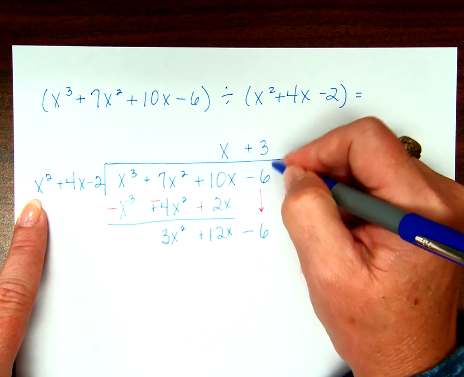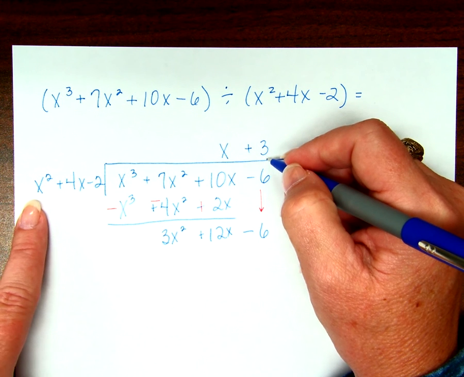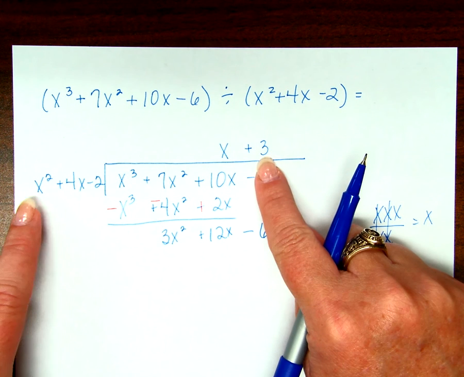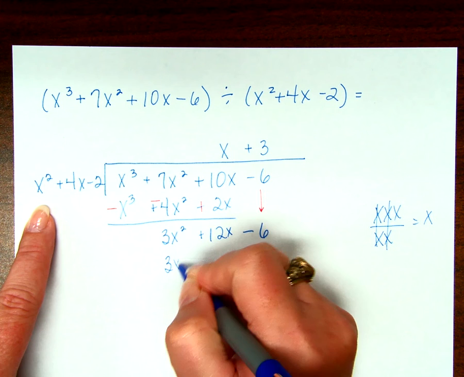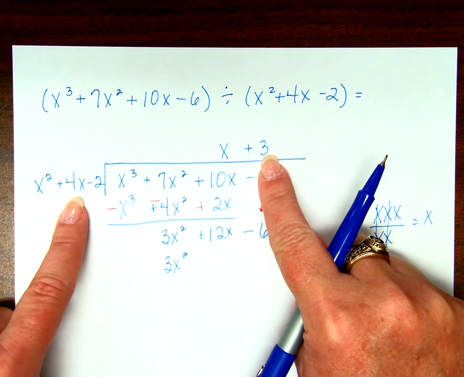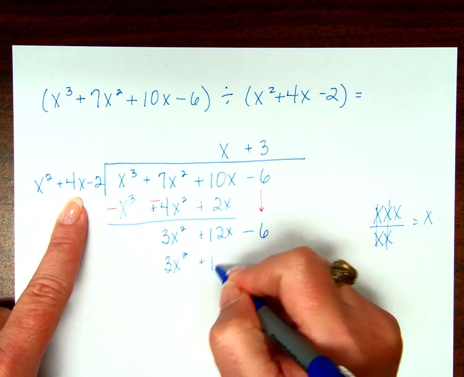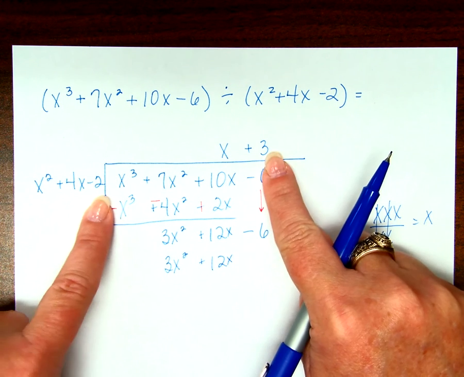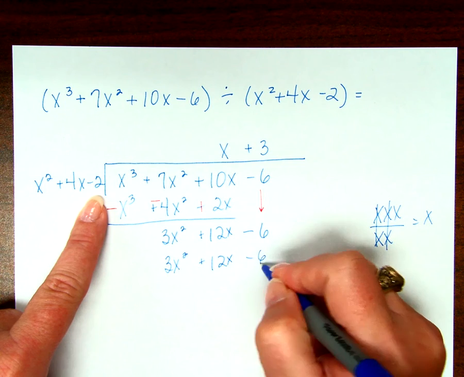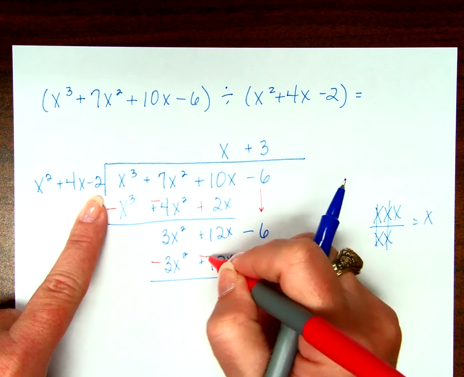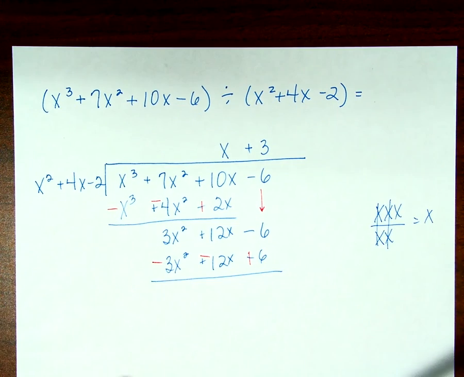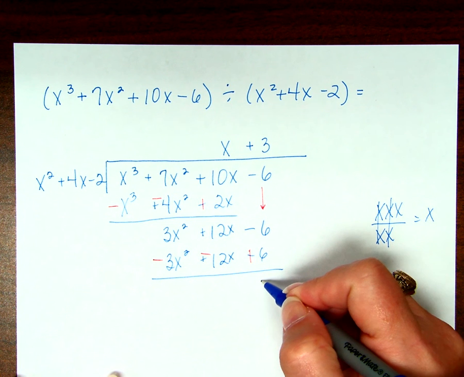Oop, it's going over the constant, right? So am I going to have to do any dividing anymore? Okay. So 3 times x squared. 3x squared. 3 times 4x. 12x. 3 times negative 2. And now? Well, look at that. What just happened?